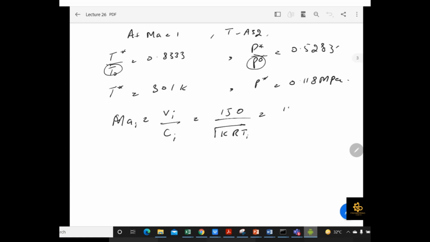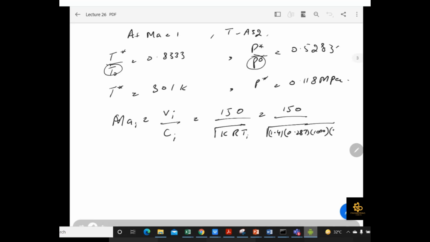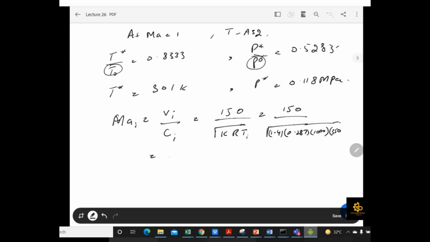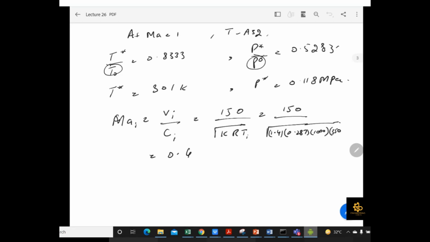So k is 1.4, R is 0.287 multiplied by 1000 for the conversion, and Ti is mentioned in the problem statement, which is 350 Kelvin. From here you can easily find the Mach number, which is equal to 0.4.